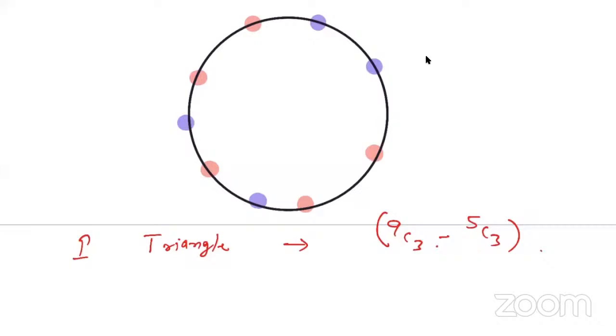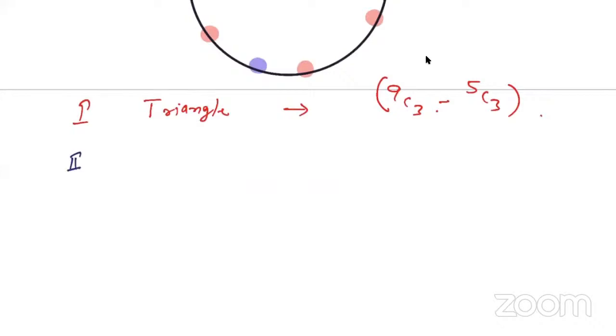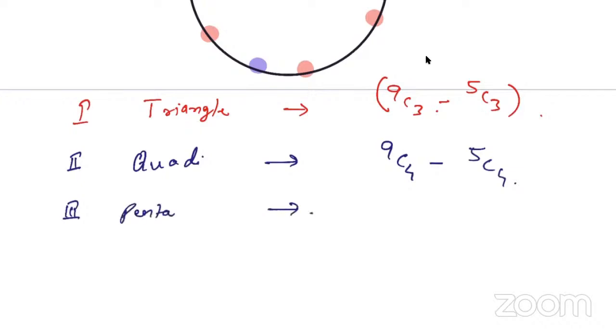Case 2, after triangle, I'm going for quadrilateral. Quadrilateral again 9C4, out of 9 selecting 4. But one case is there when all the points are red, and from those points only I'm selecting 4, so I'm not getting anything from there. Pentagon will be again 9C5 minus 5C5.